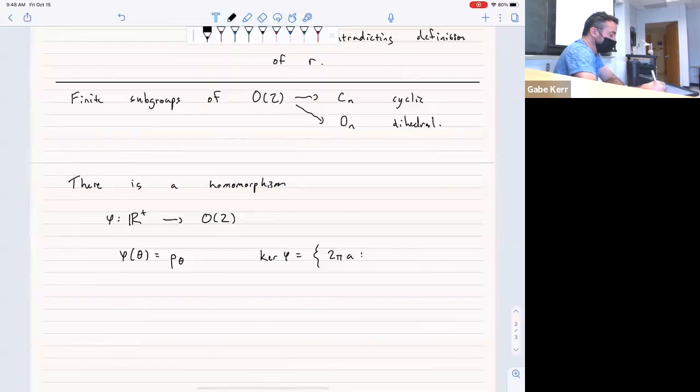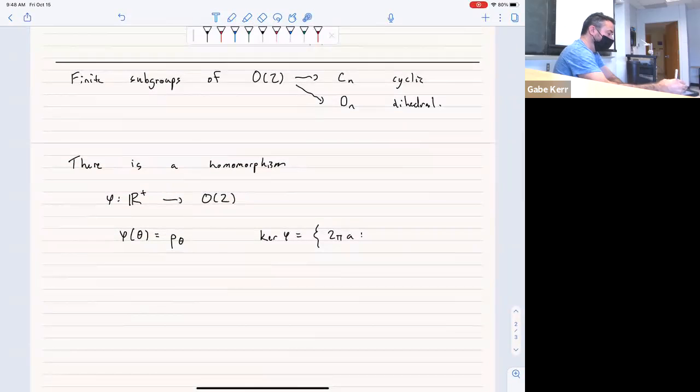I'll use a because I want to use n in a minute. So I've got these n's up here. 2 pi times a, where a is any integer. If I rotate by 360 degrees a times, I'm still not doing anything. Even if I rotate counterclockwise, it's a negative a.